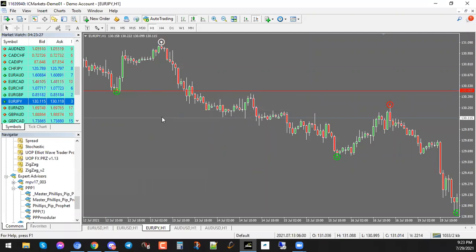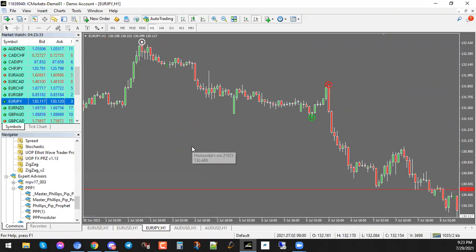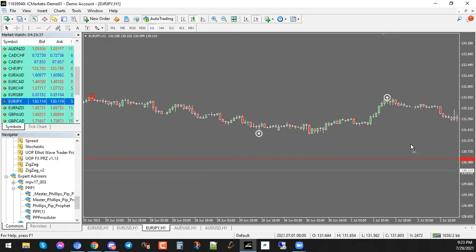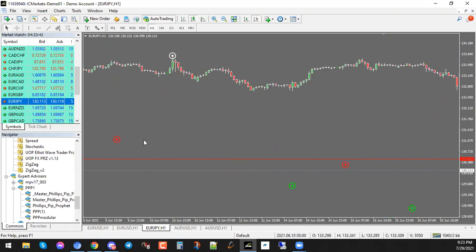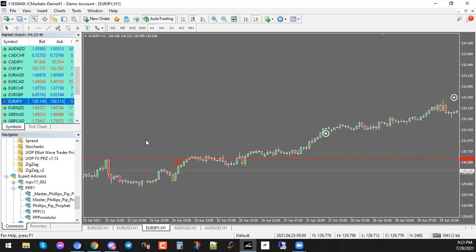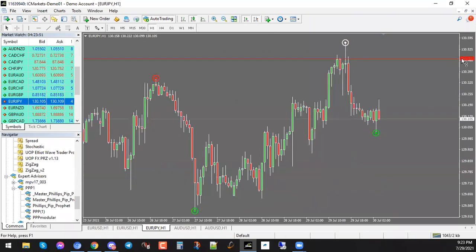This one came very close to it. This one hit. This one bounced off it. We don't need to go back that far, but it is a very strong area of resistance.